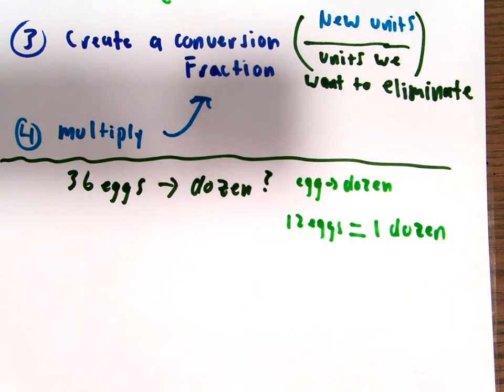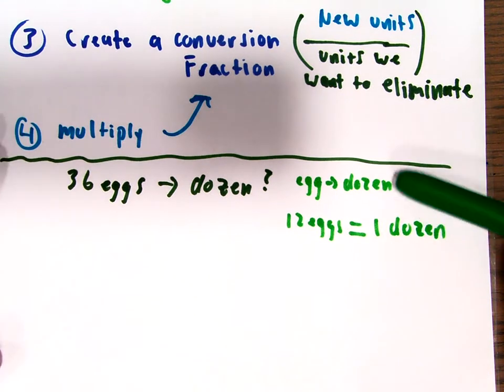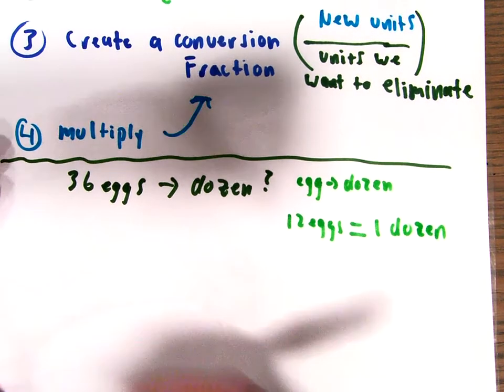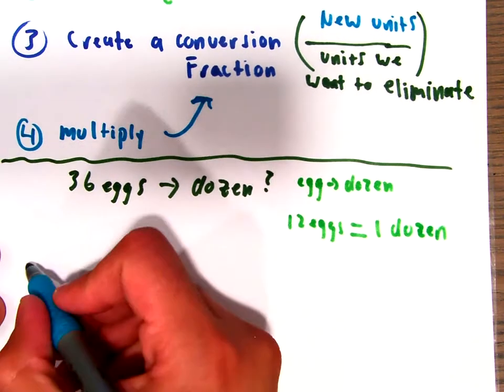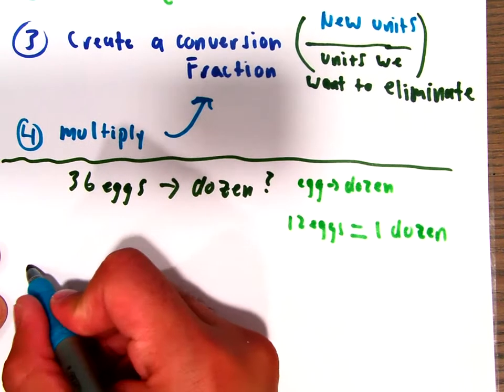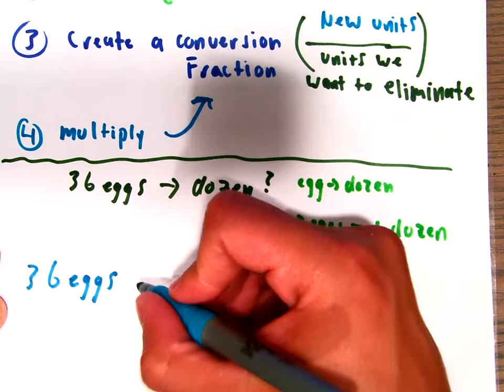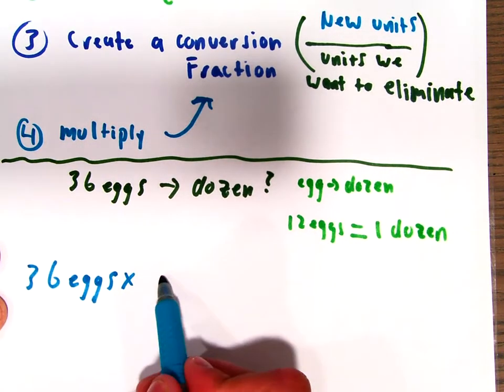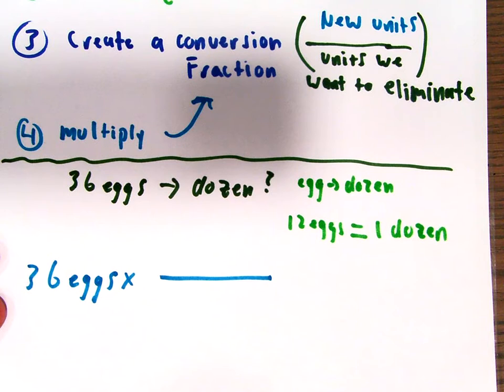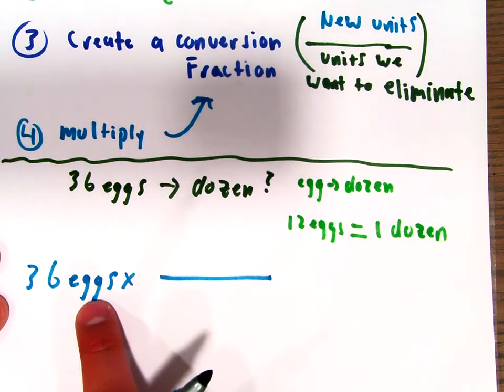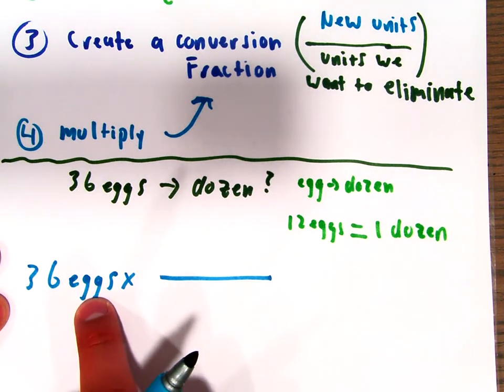Now I'm going to set up my conversion fraction, which is step 3. So I bring this number down here, 36 eggs times a fraction. I don't know what that fraction is yet, but I know that eggs is what I want to get rid of, because I want to figure out the answer in dozens.